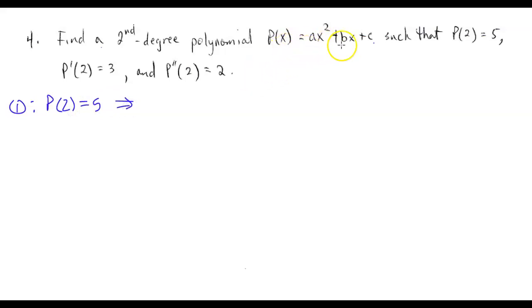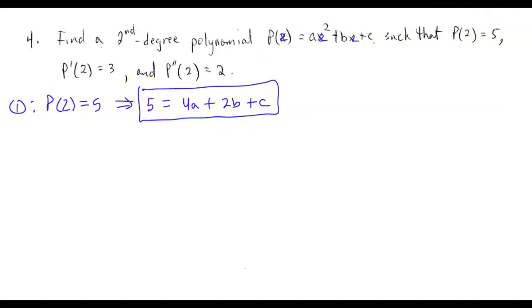If we plug that in, everywhere I see an x, I put a 2. 2 squared is 4, so that's 4A plus B times 2 is 2B plus C. So this is my first equation that comes out of the information given.